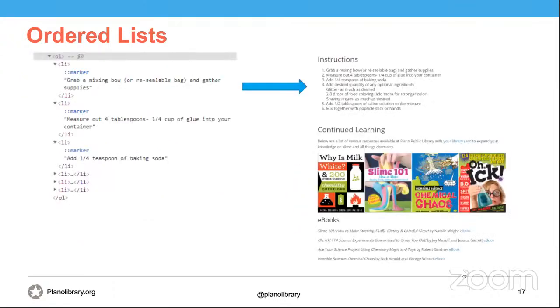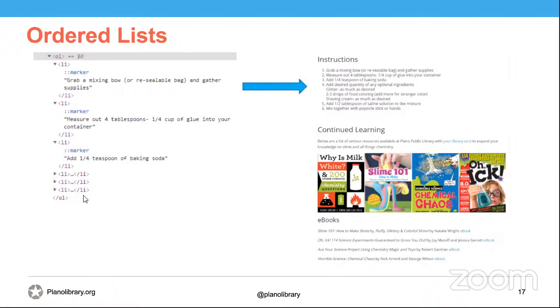Let's take a look at, I guess, a real world example of what it looks like. This is a snapshot from the Plano Library Learns blog. And you've got some instructions on how to make slime. So this code on the left was used to create this list of instructions.